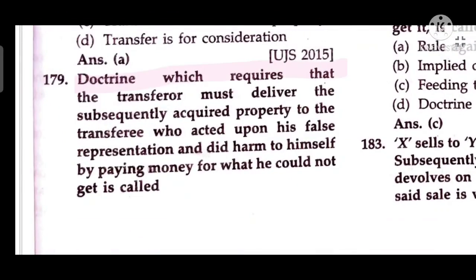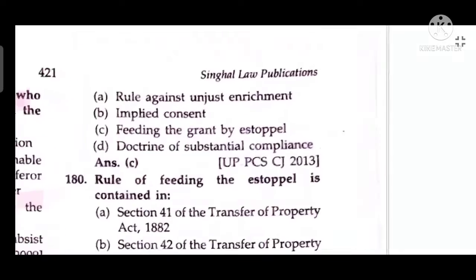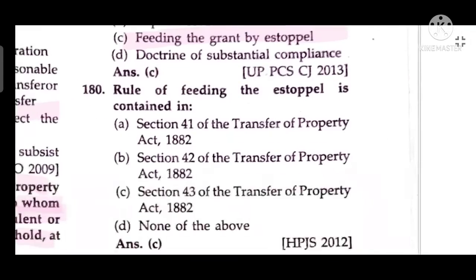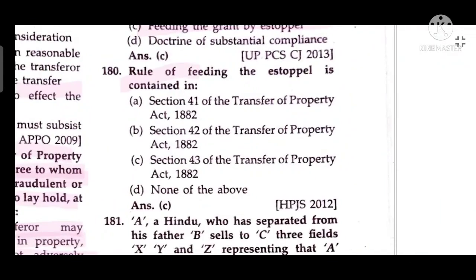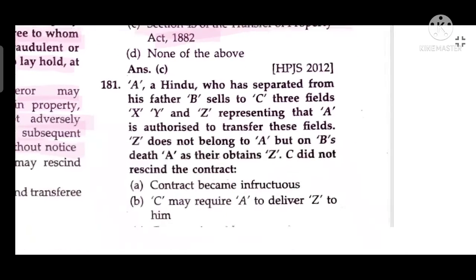The doctrine which requires that the transferor must deliver the subsequently acquired property to the transferee who acted upon the false representation and did harm to himself by paying money for what he could not get is called feeding the grant by estoppel. The rule of feeding the grant by estoppel is contained in Section 43 of Transfer of Property Act.